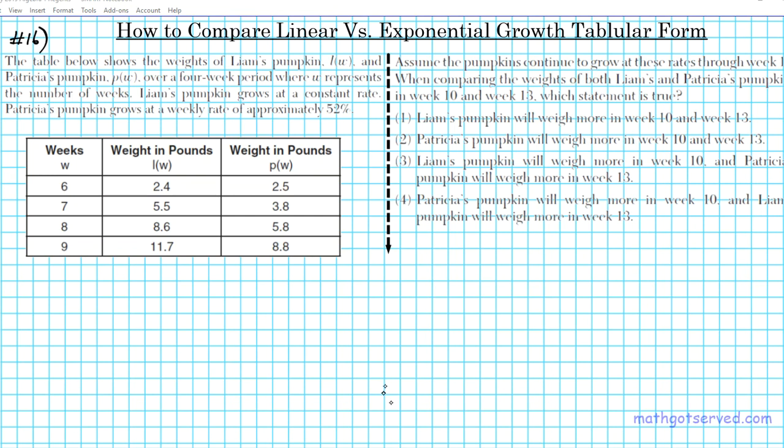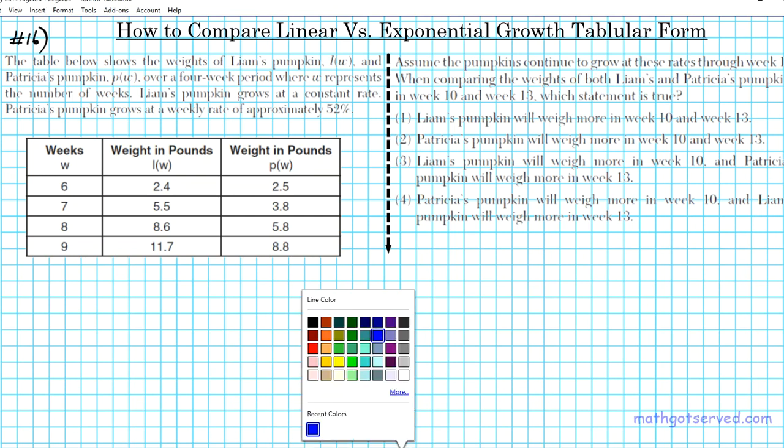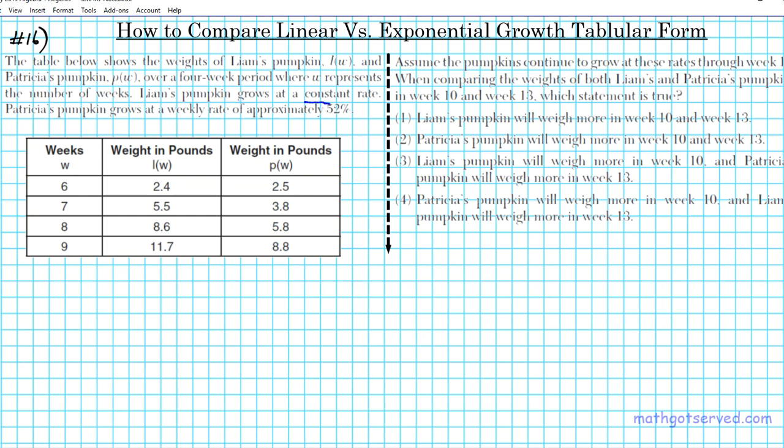Alright, so we are told that Liam's pumpkin grows at a constant rate. Okay, so what does that tell us? If a function has a constant growth rate, what does that mean? Well, if you have a constant growth rate, that indicates that you add a difference over and over again.